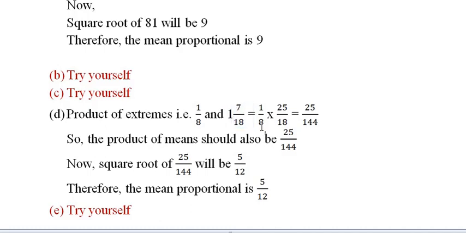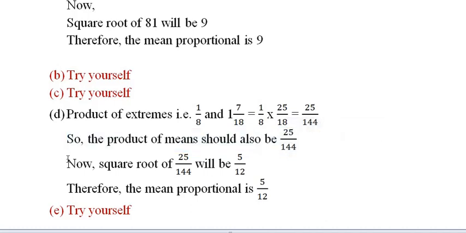When we do the multiplication, it will be 1 by 8 into 25 by 18, because we have to convert this mixed fraction into an improper fraction. 18 ones are 18, so 18 plus 7, it will be 25. So 1 by 8 into 25 by 18, you will get 25 by 144. Which means that the product of the means should also be 25 by 144.